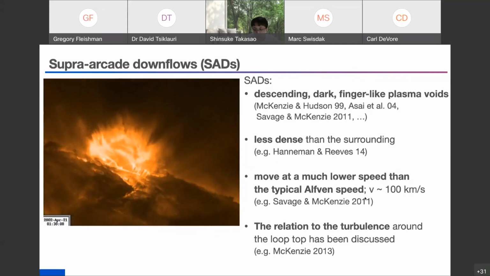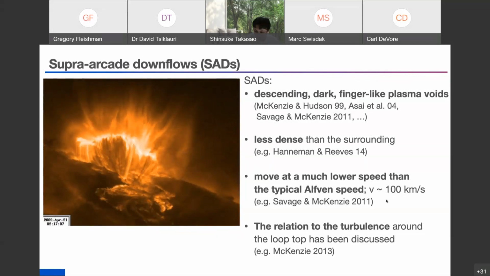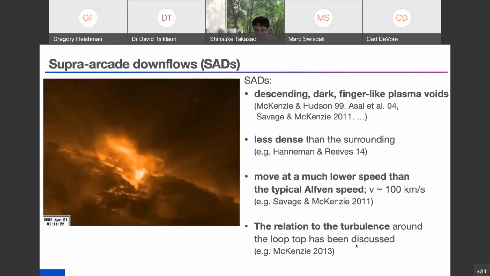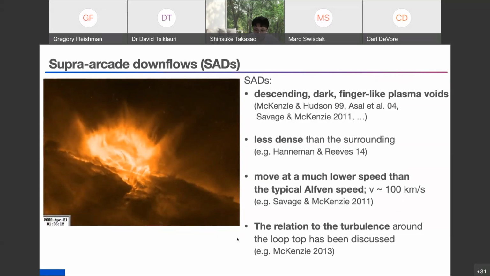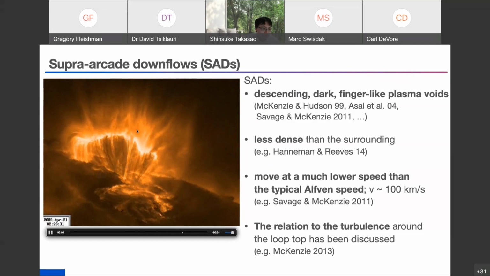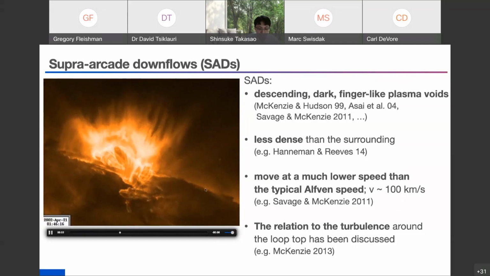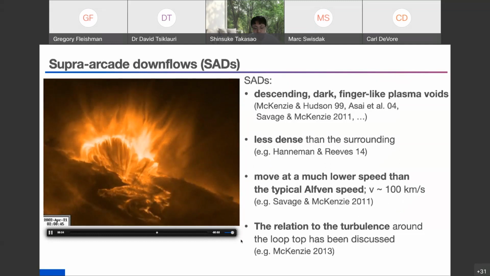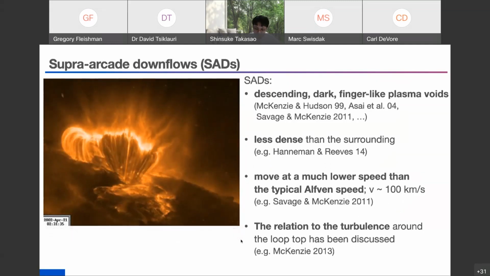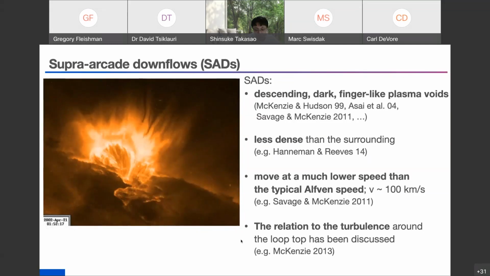So their typical speed is about 100 km per second. From these turbulent structures, people have been discussing the relation to the turbulence in the reconnecting current sheet and the rooftop regions.